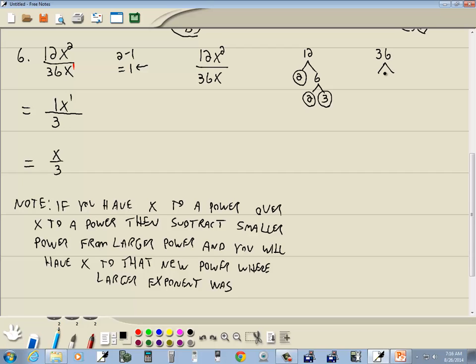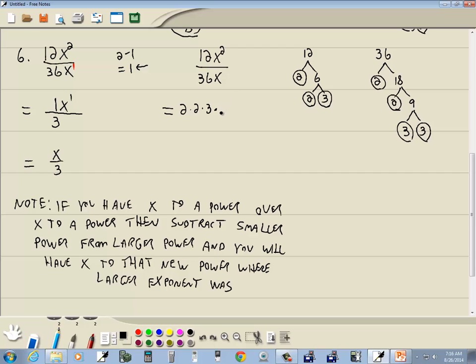Now look at 36. 36 is divisible by 2, 2 times 18. 2's prime, so we circle it. 18 is divisible by 2, 2 times 9. 2's prime, so we circle it. Now 9 is not divisible by 2, so we go to our next prime in our list, which is 3. It is divisible by 3, 3 times 3. Okay. So this one looks like we got 2, 2, 3. So 2 times 2 times 3.